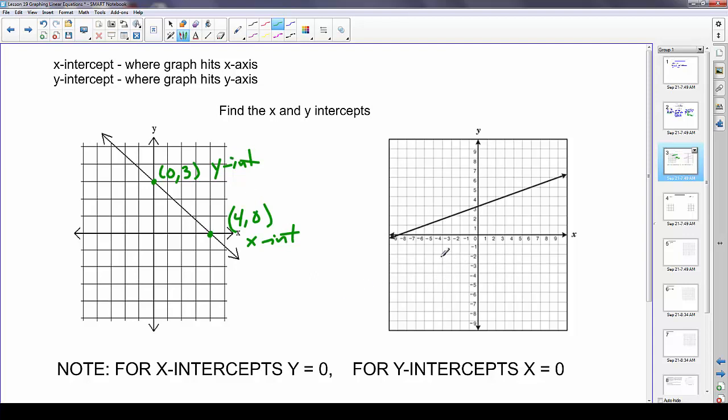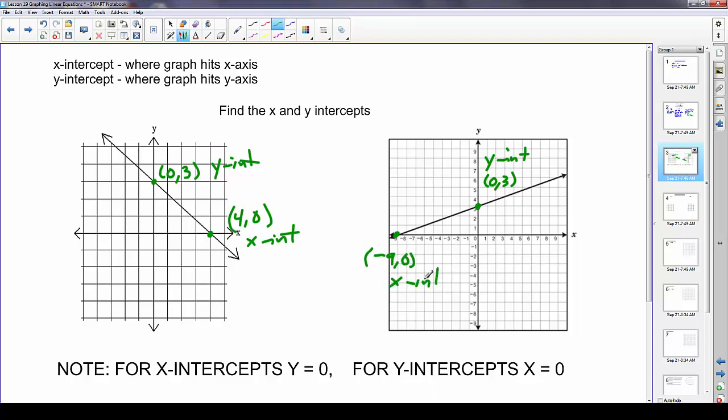In this problem here, I notice that's where it hits the y-axis, and that's the point 0, 3. Once again, my y-intercept. And it looks like it hits the x-axis right around here, which appears to be -9, 0. And that's my x-intercept.